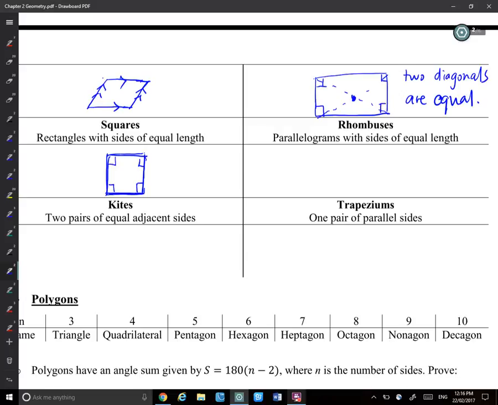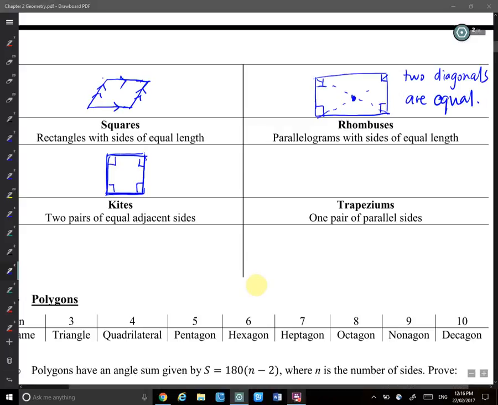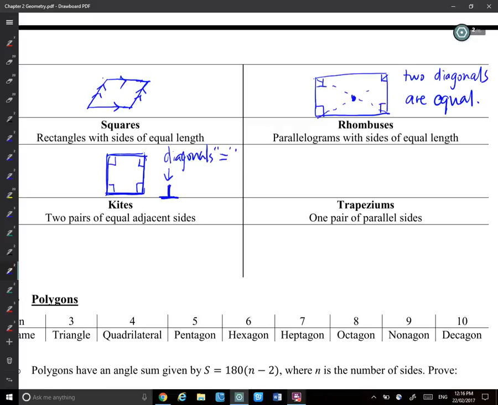Also the diagonals are equal, and the diagonals are perpendicular to each other. In a rectangle the diagonals are not perpendicular, but in the square, the diagonals will be perpendicular.